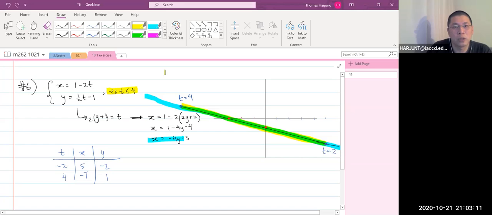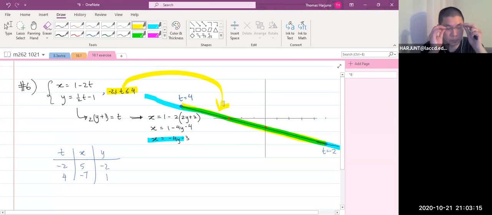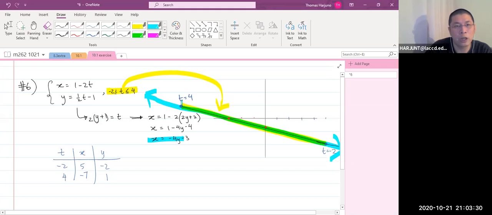It gives us a segment instead of a line. A line has no boundary, meaning it goes indefinitely far. But a segment has an initial point and a terminal point.